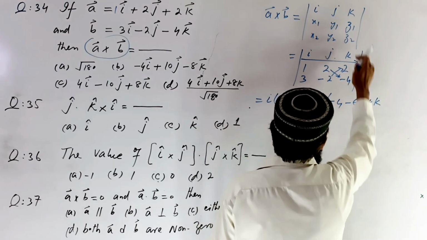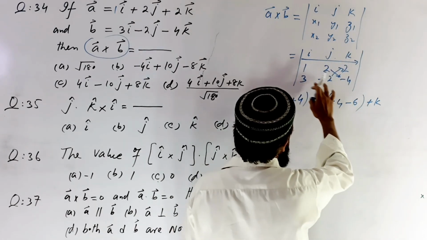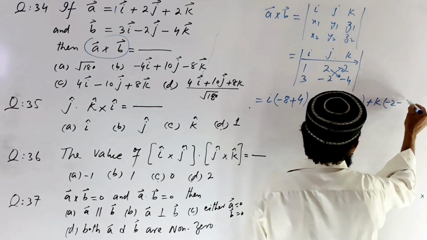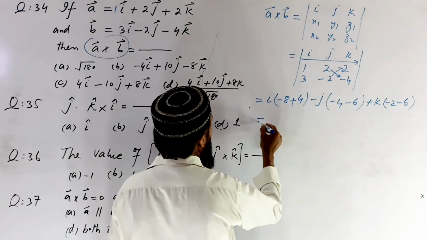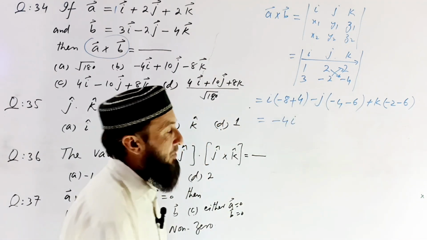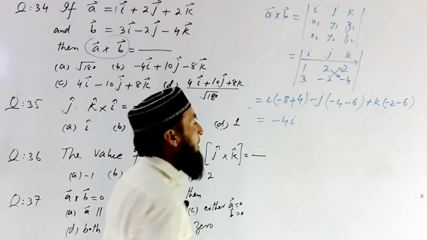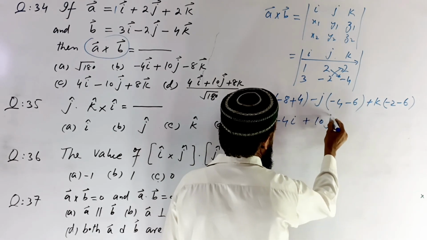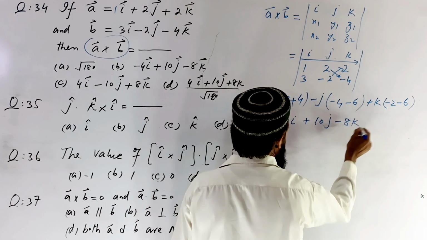Plus k, third column: 1 multiplied by -2 gives -2, and 3 multiplied by 2 gives 6, so we get -8k.